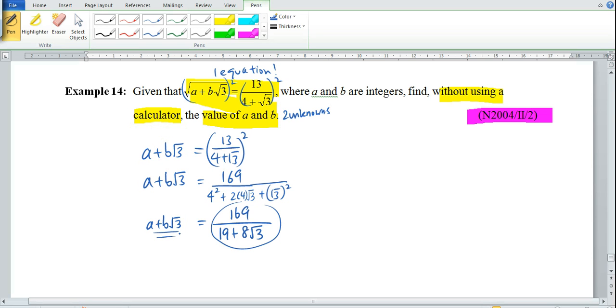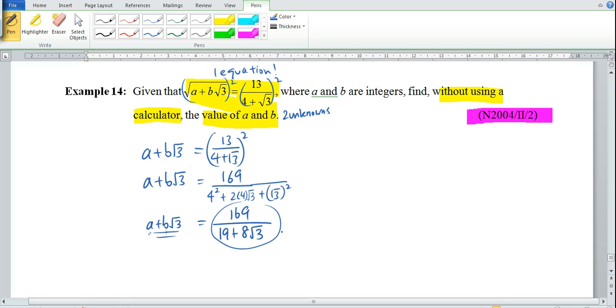There are a few methods to go about this before we reach comparing. Of course, you can always cross multiply, and later do a comparison again. But in this case, it is easier to just keep a plus b on the left hand side, and later we can compare directly.